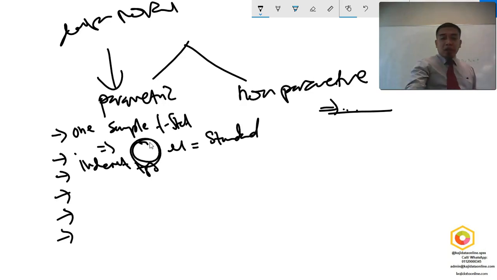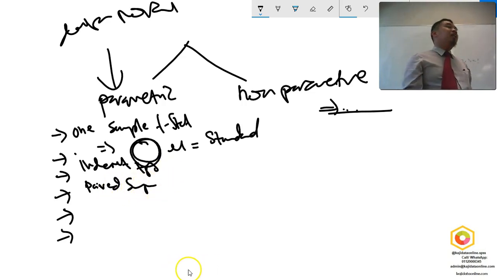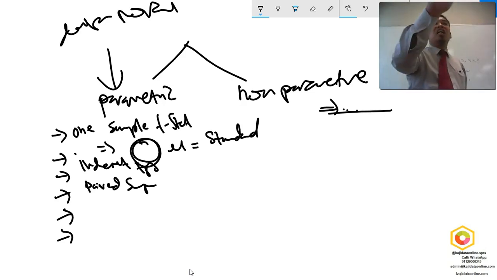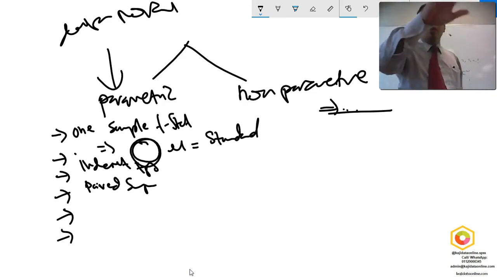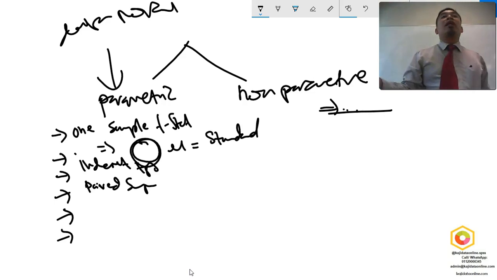The next one we call the paired sample. Paired sample is about measuring the same respondents, and is also known as the dependent sample. For example, I monitor the blood pressure of all of you today, and then I monitor your blood pressure again tomorrow. You will be you tomorrow also, right? For example, you are Muhammad Helmi, and tomorrow you are Muhammad Helmi also.